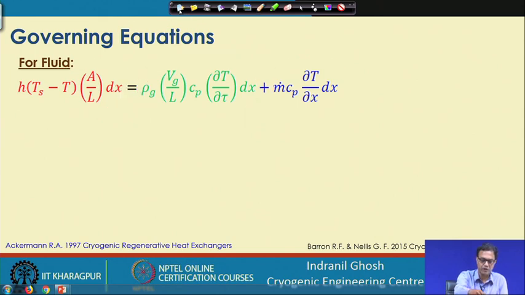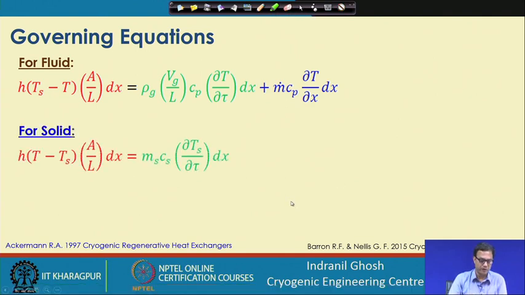So, that is for the fluid. Now, if we look into the solid part, this is the equation written for the solid part, and so these two equations are the governing equations.